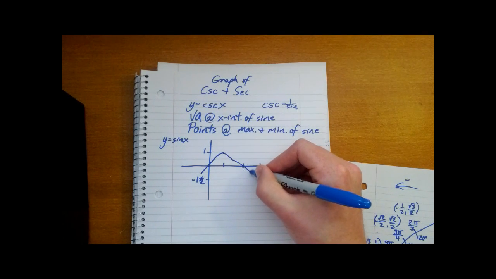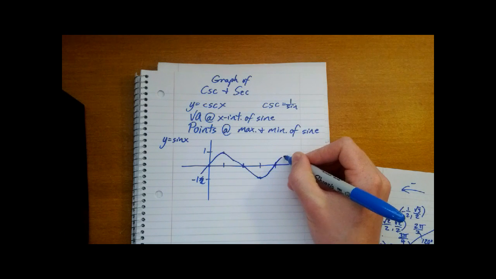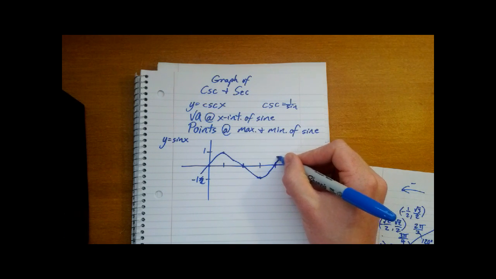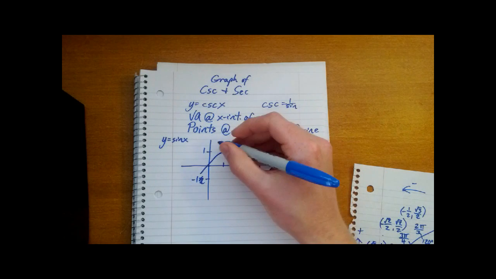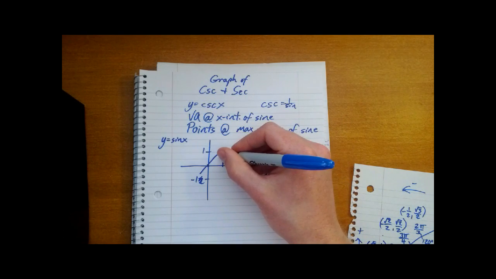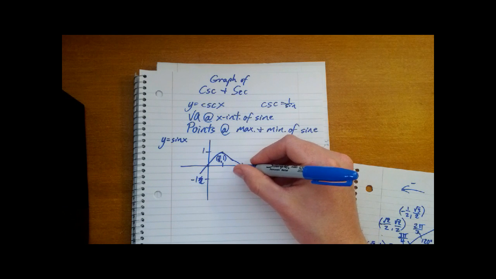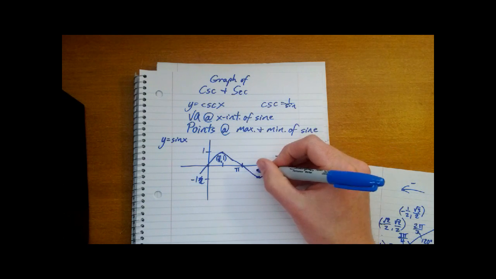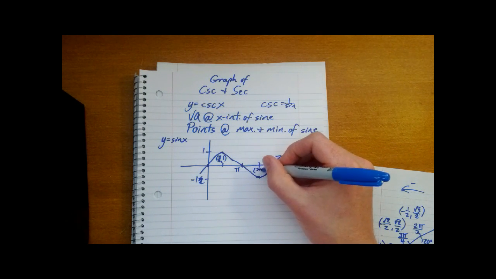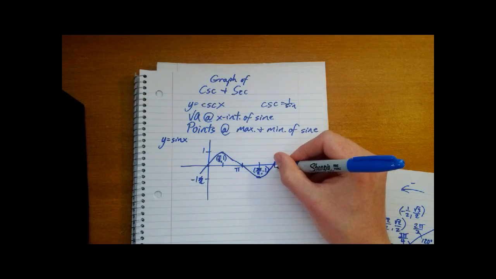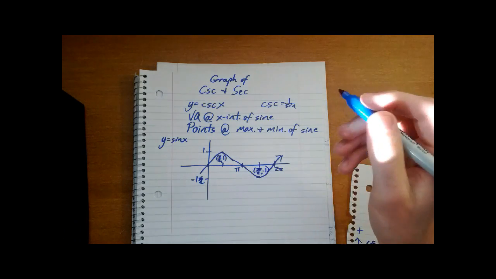This point here is pi over 2, 1, and this is pi, x equals pi here. This is 3 pi over 2, -1, and this is where x equals 2 pi.